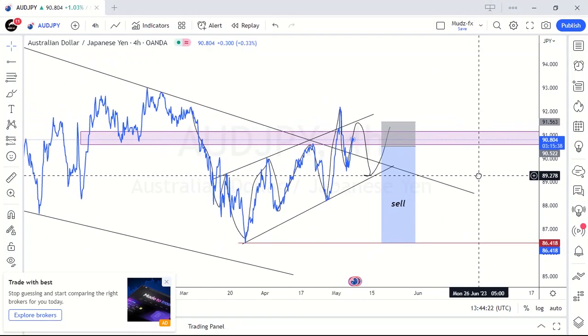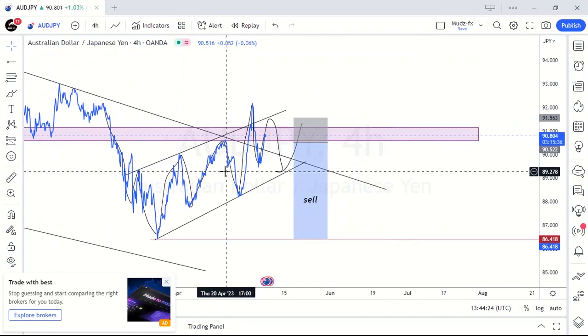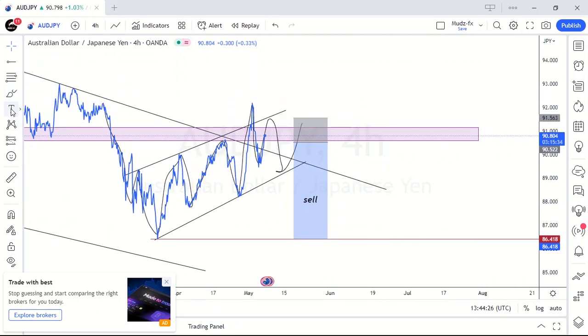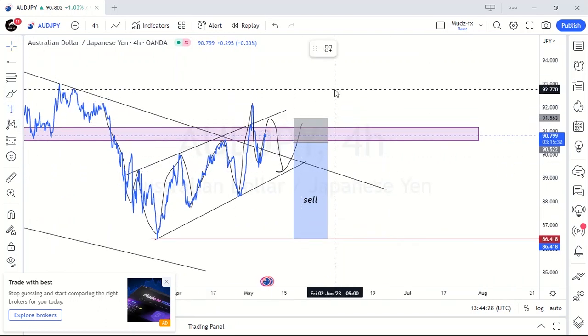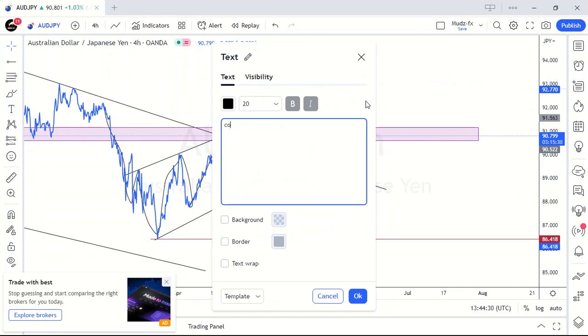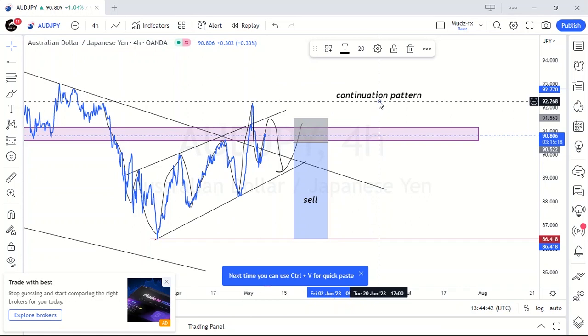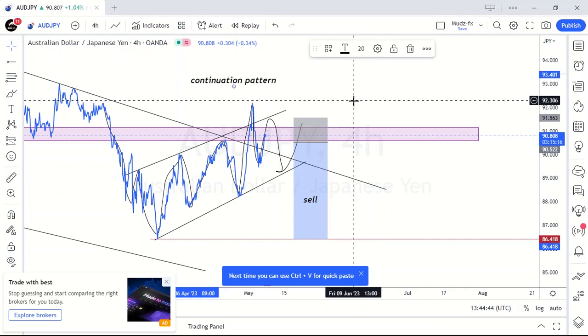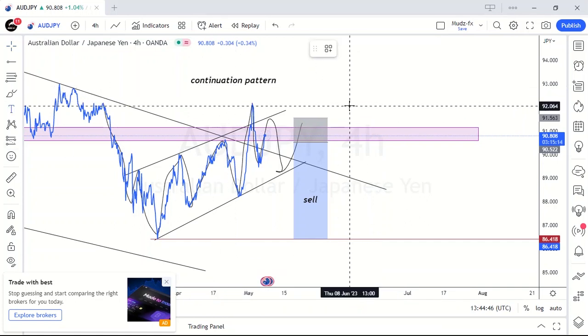For me, I just want to see it completing my bearish flag pattern so that I can make a sell. Because either way, if it makes a double top, I'm gonna sell. If it completes my bearish flag pattern, I'm gonna sell.